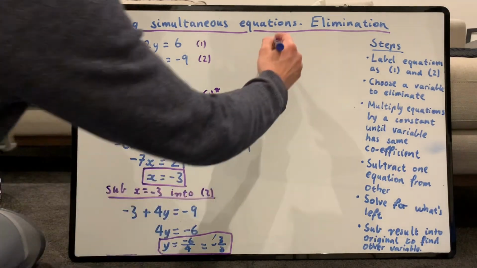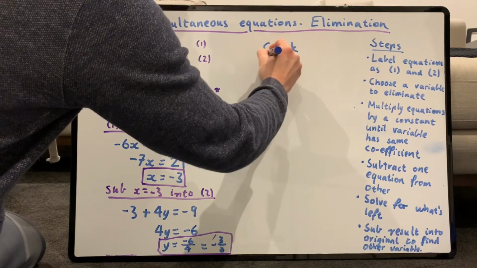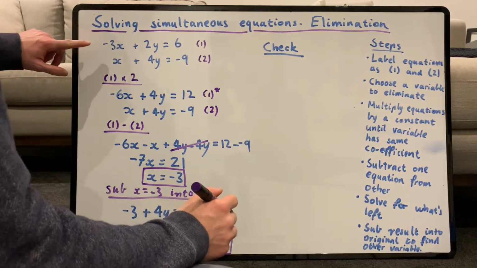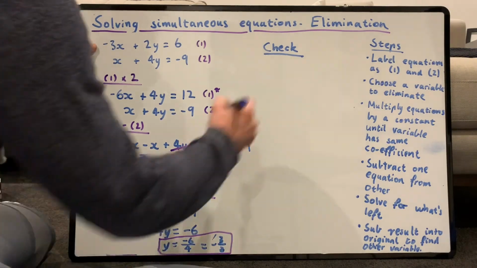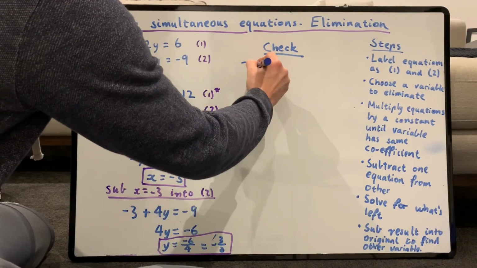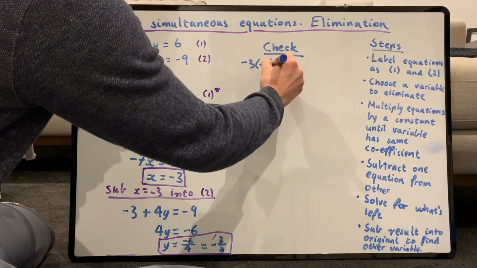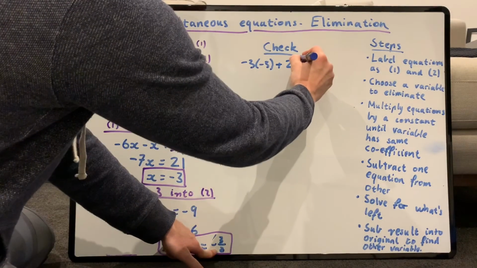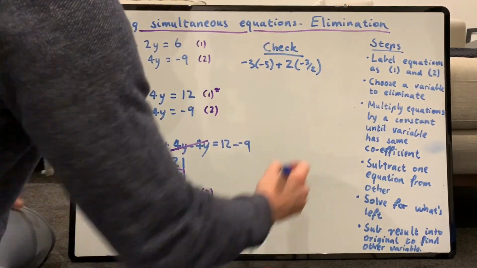Let's do a check. We'll sub these two into the first one. Negative 3x, negative 3, plus 2y, negative 3 on 2.